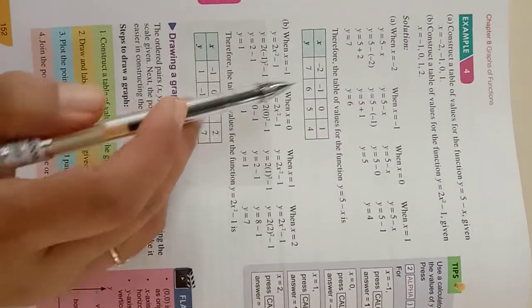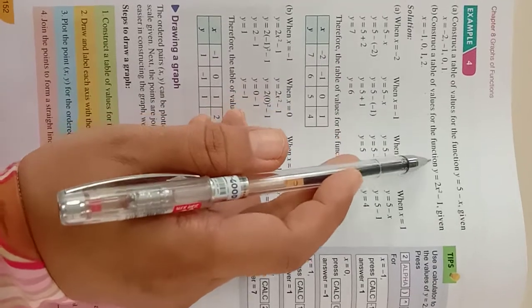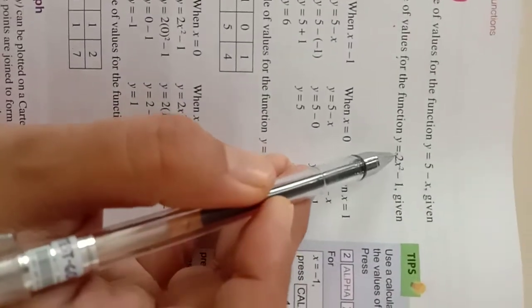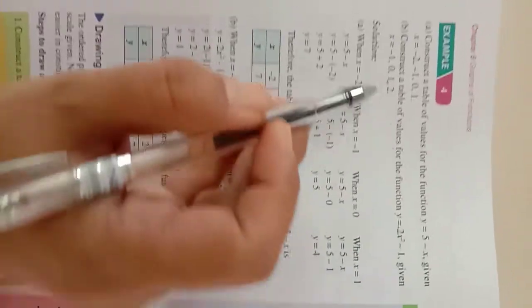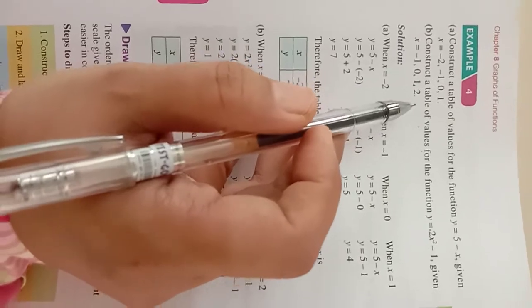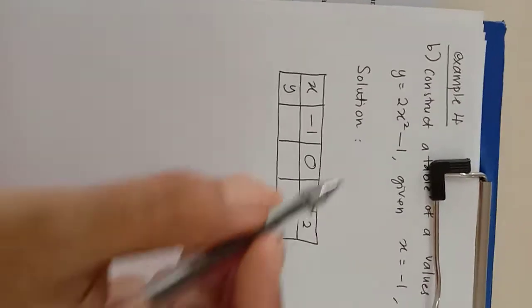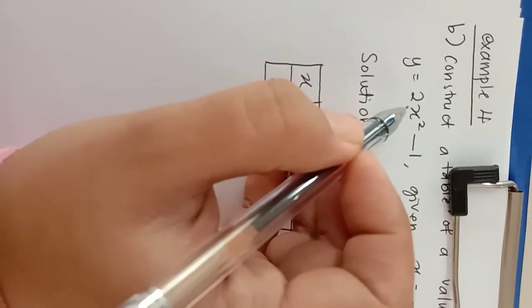Okay, so we look at example B. Construct a table of values for a function y equals 2x square minus 1. So ini ada kuasa 2 ya. Okay, for the given x negative 1, 0, 1 and 2. So this is quite difficult because the equation is a quadratic equation.